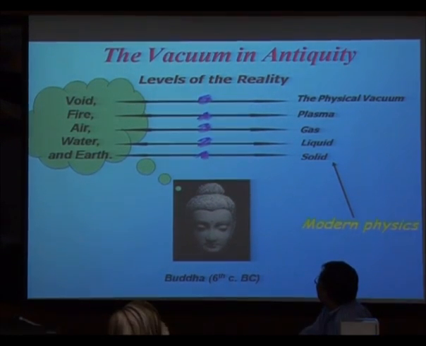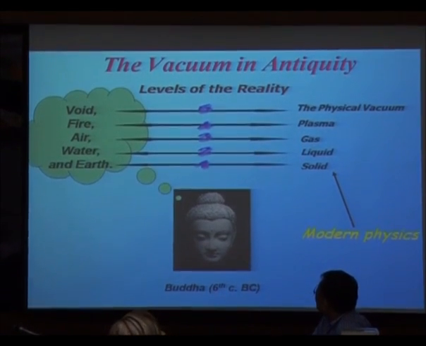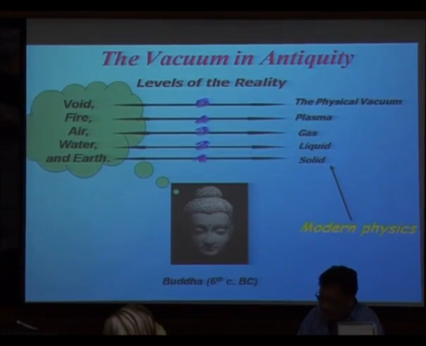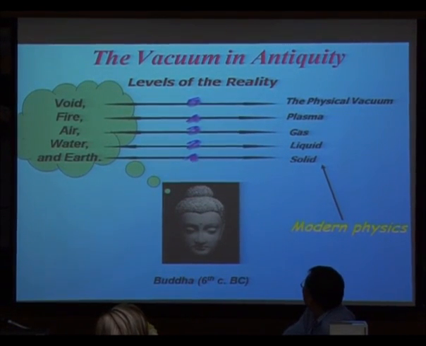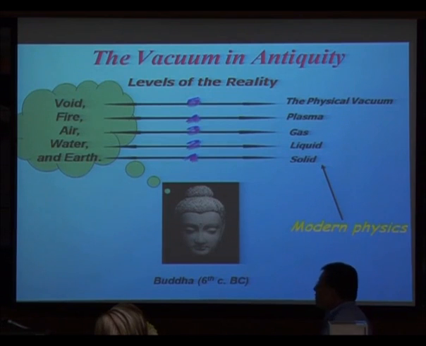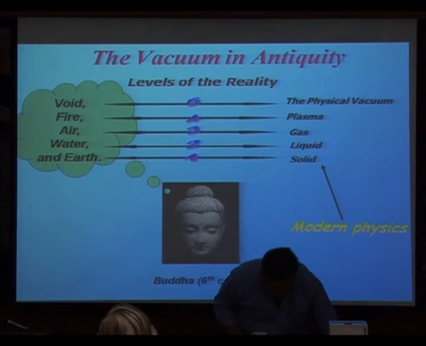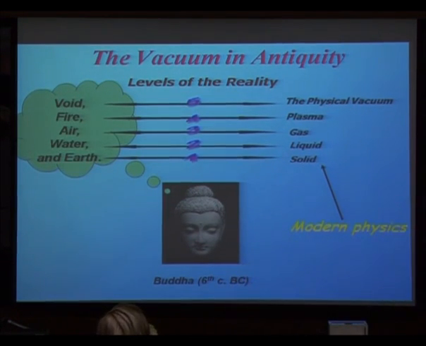About vacuum, physical vacuum. 2.5 thousand years ago, Buddha told us that there are 5 levels of reality: earth, water, air, fire, and void. Void means empty, nothing.